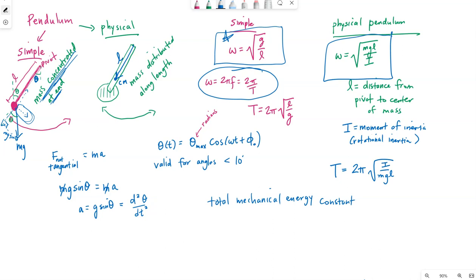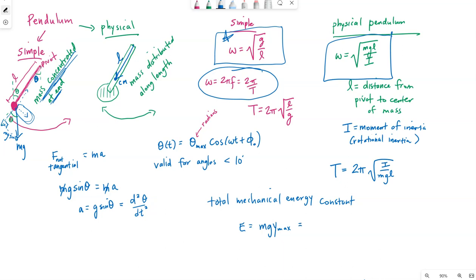There will be moments in time where the energy is all potential. So mgy max, the highest it swings. We're talking gravitational potential energy here, and that's why we're using mgy.